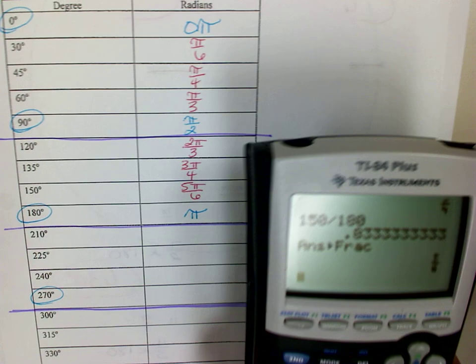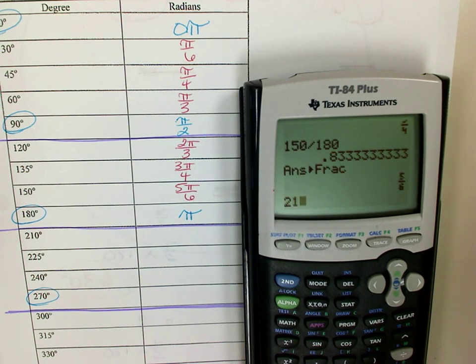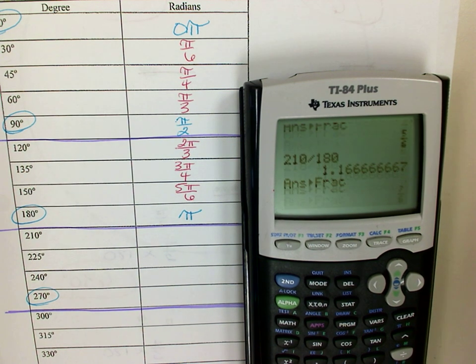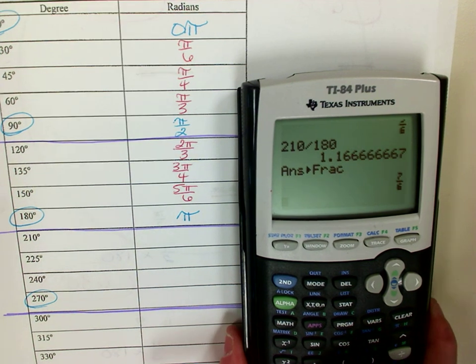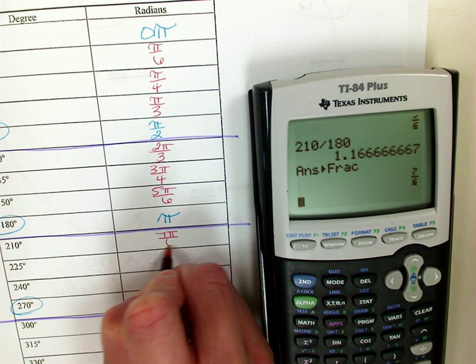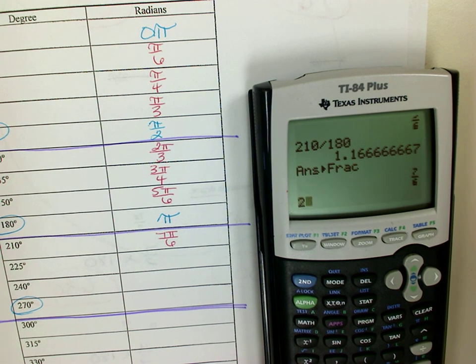Third quadrant. 210 divided by 180. Math, enter, enter. I get 7/6 pi, or 7 pi over 6. 225 divided by 180.